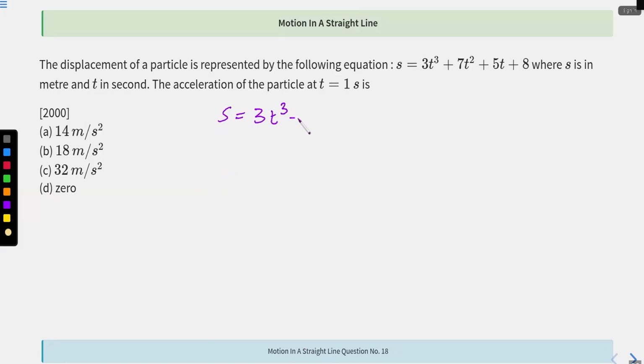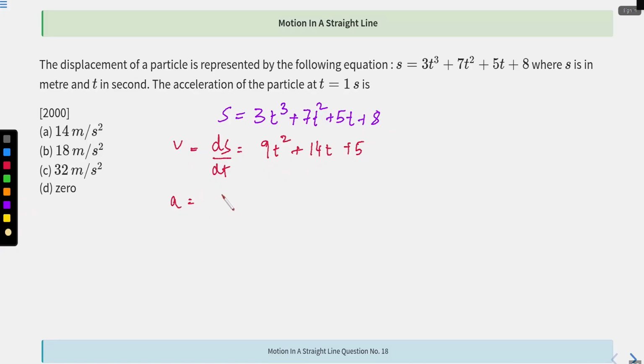S equals 3t cube plus 7t square plus 5t plus 8. They have asked for acceleration. To compute acceleration, you have to first calculate ds by dt. This is velocity, correct? So the 3 will come down, that is 9t square plus 14t plus 5.